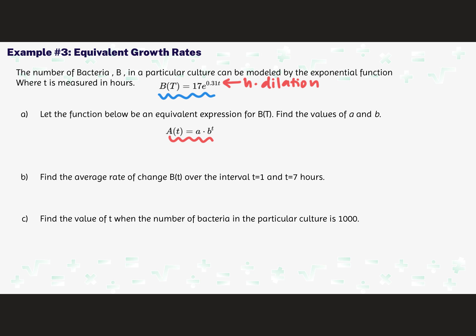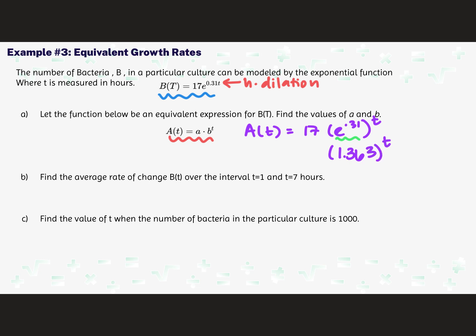So what we want to do is take the function above and rewrite that base as e to the 0.31 power raised to the power of t. And now we're going to be able to simplify this base with the help of a calculator.